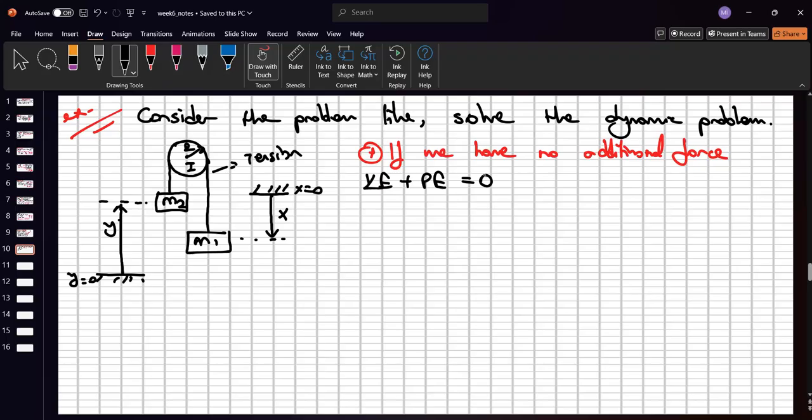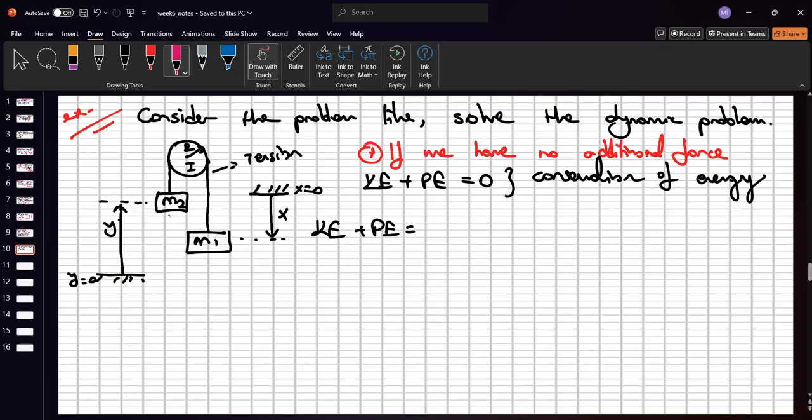Because the whole potential energy must be converted to the kinetic one, or otherwise is current in this position, okay? And so this is called, just remember that, conservation of energy. Okay?